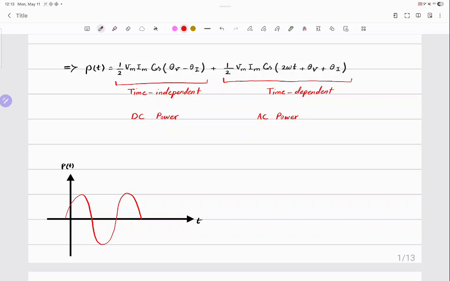Is your cosine function symmetrical about the horizontal axis or no? It is. So look at the positive peak and the negative peak. They are at the same value. So it means that it is completely symmetrical about the horizontal axis. So what is the DC value now? 0. What happens if I add some positive DC value to this signal?